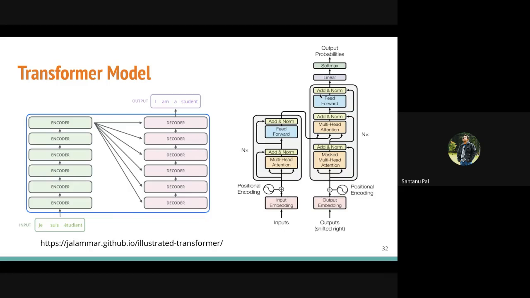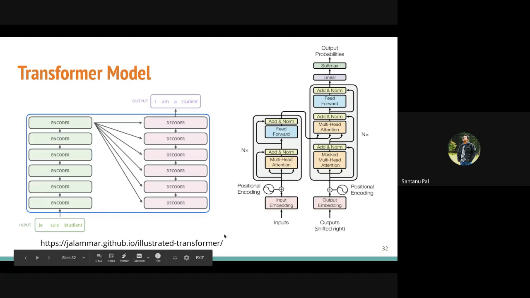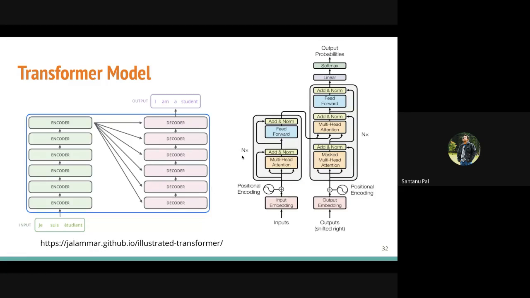I will discuss more details in the subsequent slides, but if you see here, Nx is the number of layers of the encoder. This is a single encoder. The very first encoder receives the embedding and positional encoding information. Here it is a stack of 6 encoders.